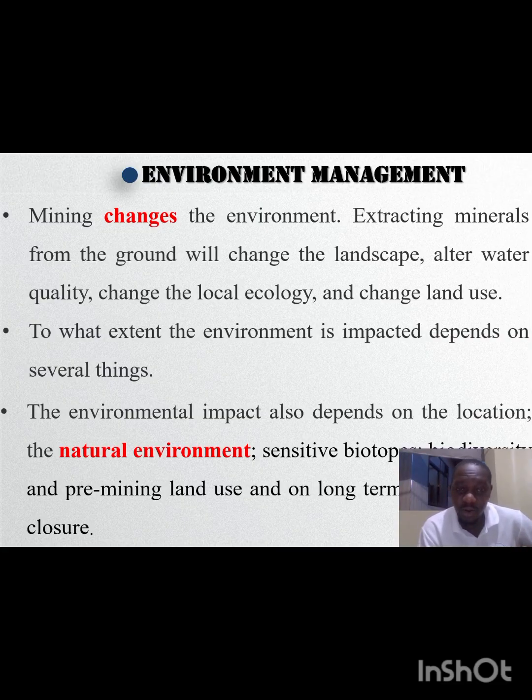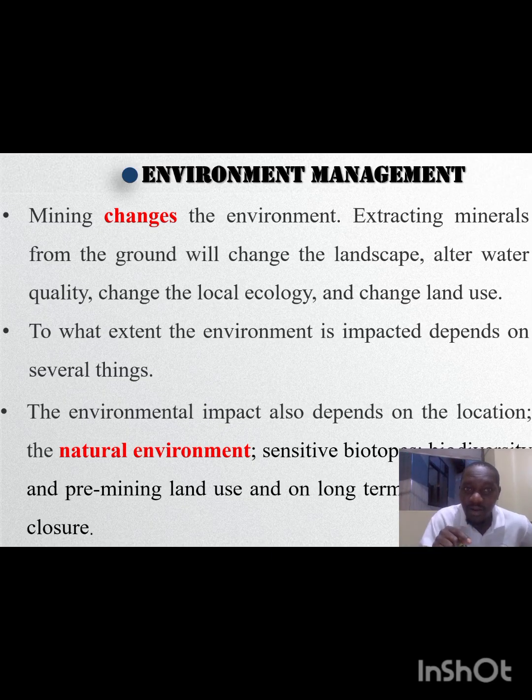You understand? So, for example, we are carrying out a mining project in Ngorongoro, and a mining project in Kalahari Desert. Where will the environmental costs be incurred more? It will be in Ngorongoro, right?